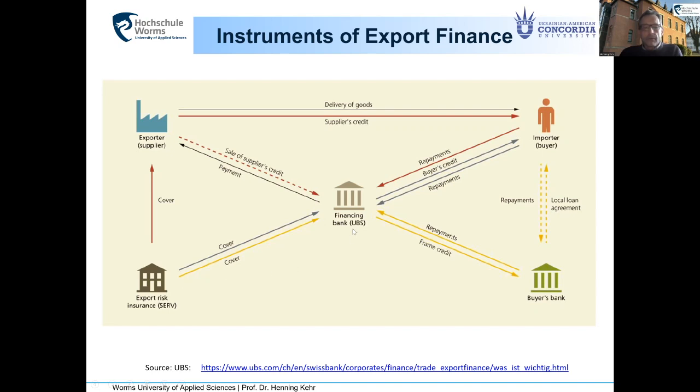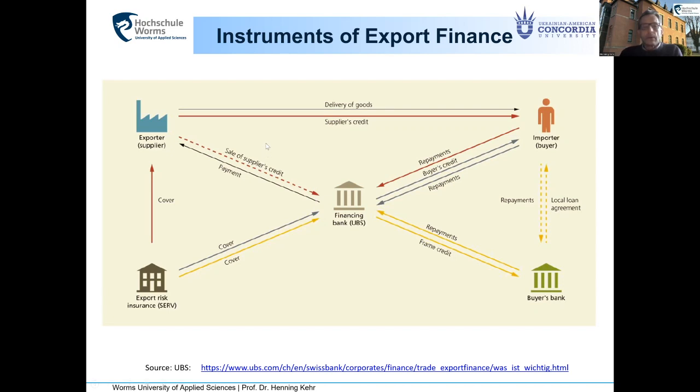But the cover is also necessary that the financing institute here in the middle is aware that the risk for the exporter is really not high.